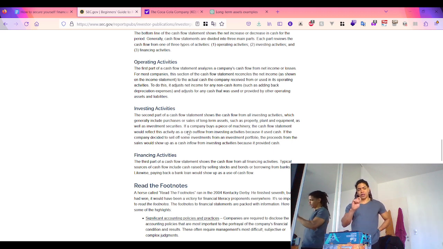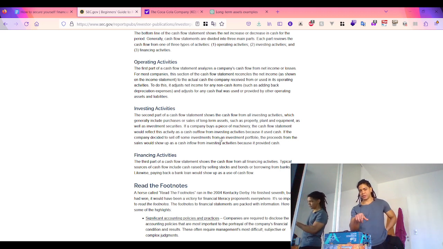So if a company buys a piece of machinery, or makes a leasehold improvement, this activity will be registered as an outflow of cash, because cash was used for that.